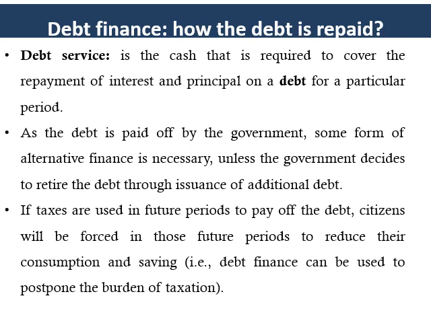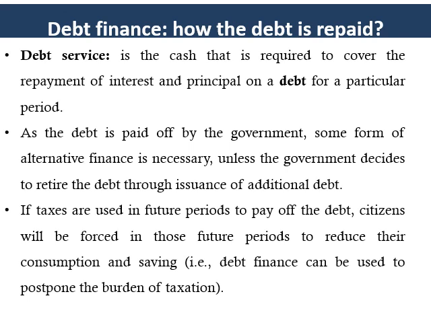So, as the debt is paid off by the government, some form of alternative finance is necessary unless the government decides to retire the debt through the issuance of additional debt. What does this mean? It means that when the government is required to pay the loan and its related service payments, it needs some funds.